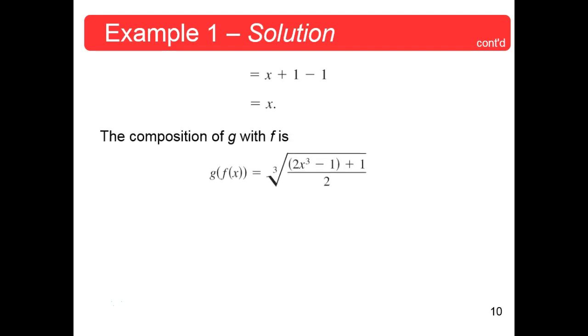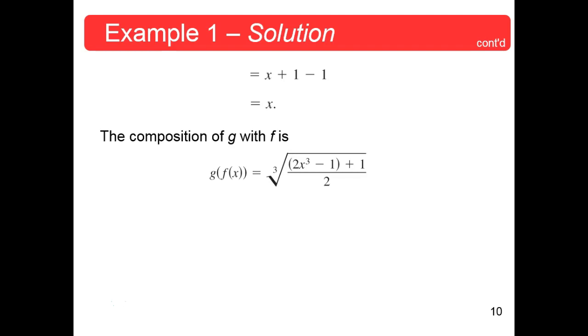g of f of x. Well, g is the cube root of, and where the x is, you plug in f of x, which is 2x cubed minus 1. Plug that in, and g takes whatever that x is, cube root of (x plus 1) over 2. So it would be this thing plus 1 over 2.